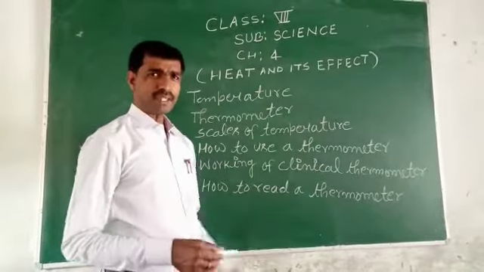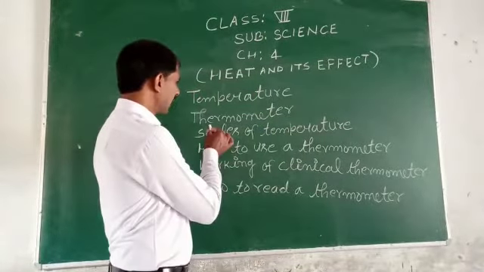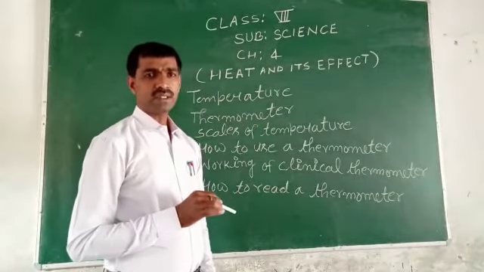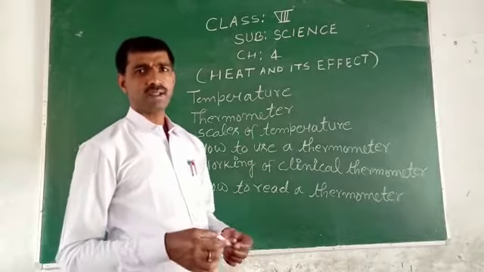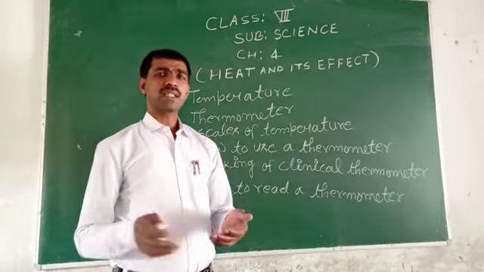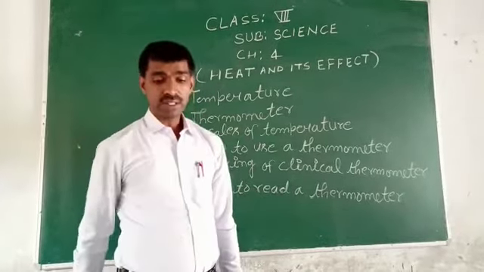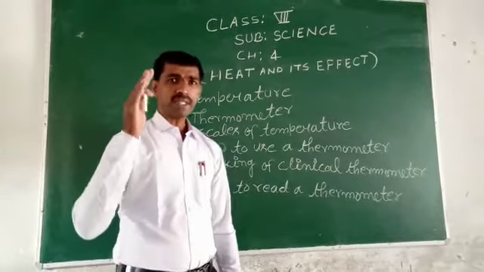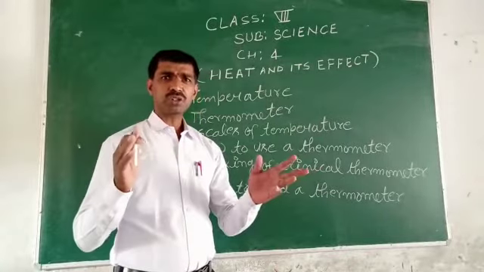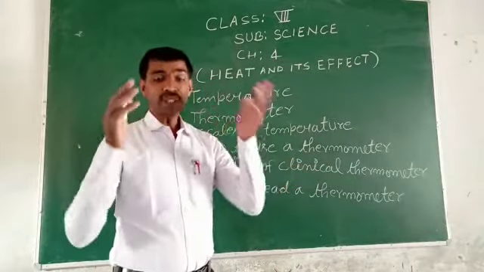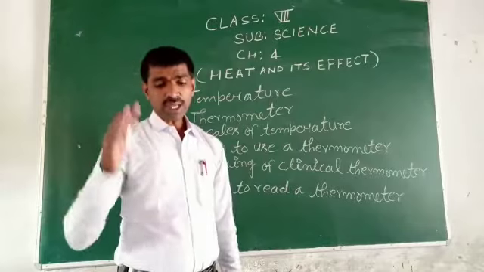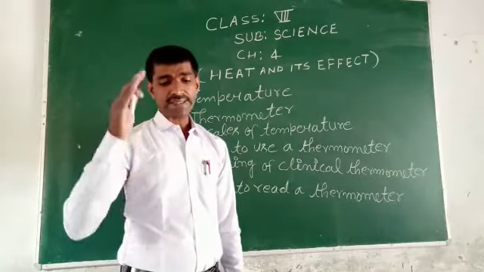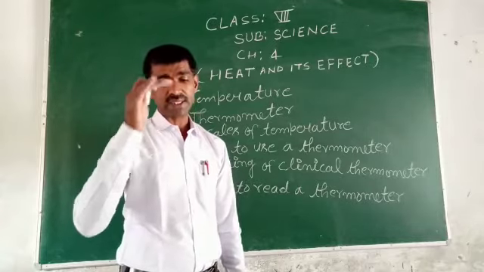After explaining temperature, we are going to explain the thermometer. First of all, we have to know what a thermometer is. A thermometer is an instrument used to measure temperature. All thermometers use materials that have some physical property that changes uniformly with the temperature.